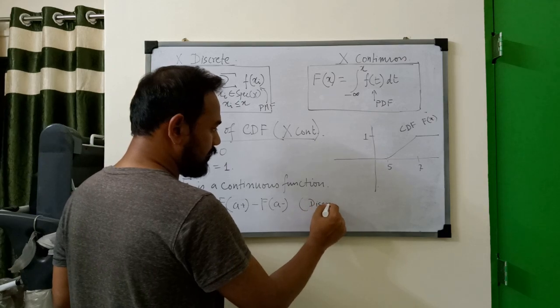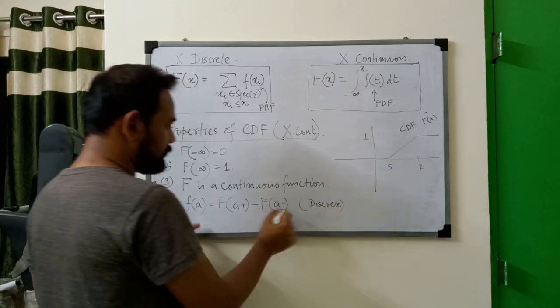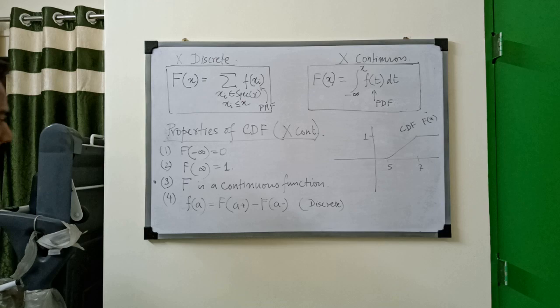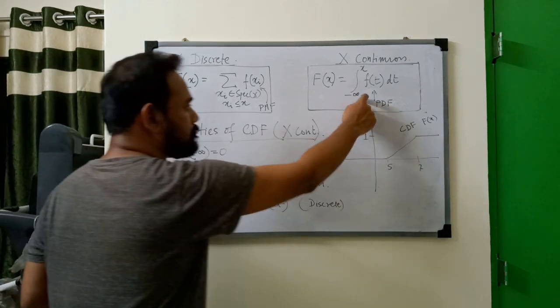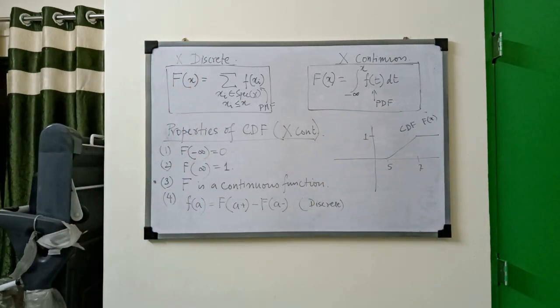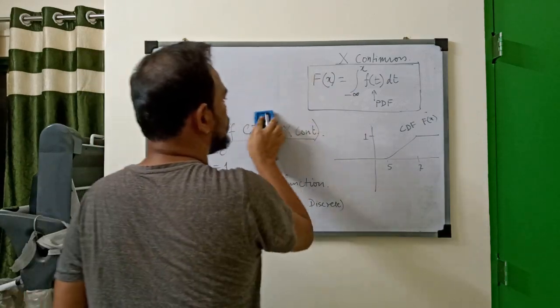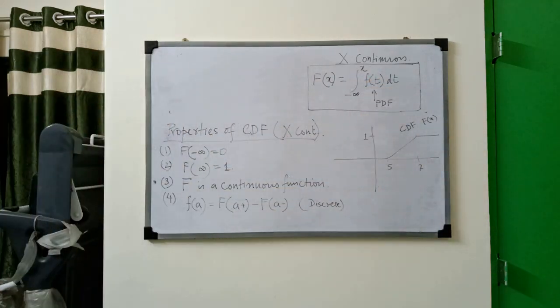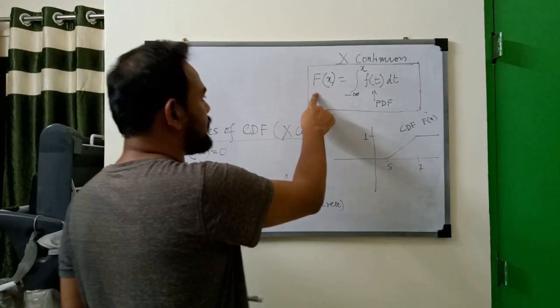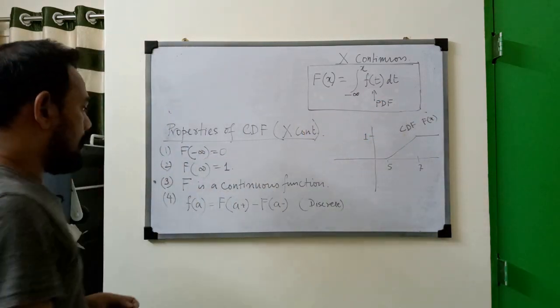The question is, can we have something similar as a formula for PDF? Okay, we'll just work that out very quick. Of course, this is the formula for PDF. This is how CDF is connected to PDF.